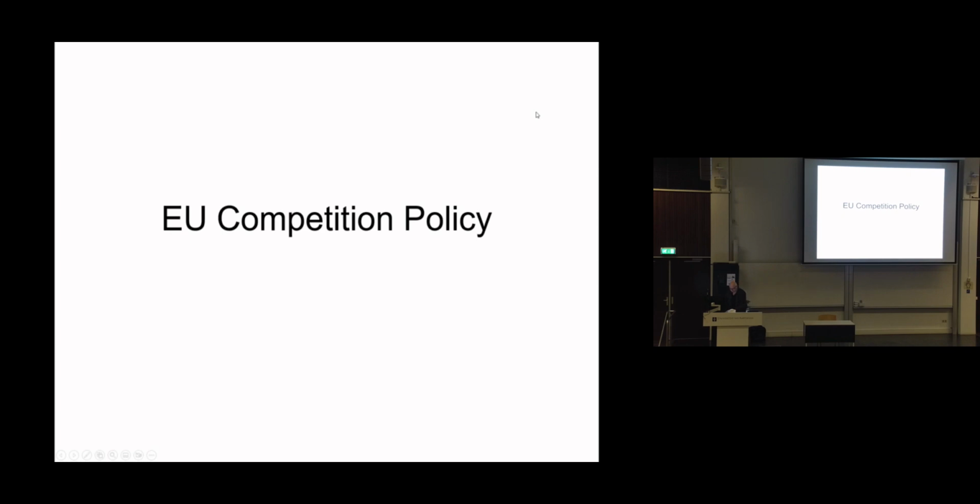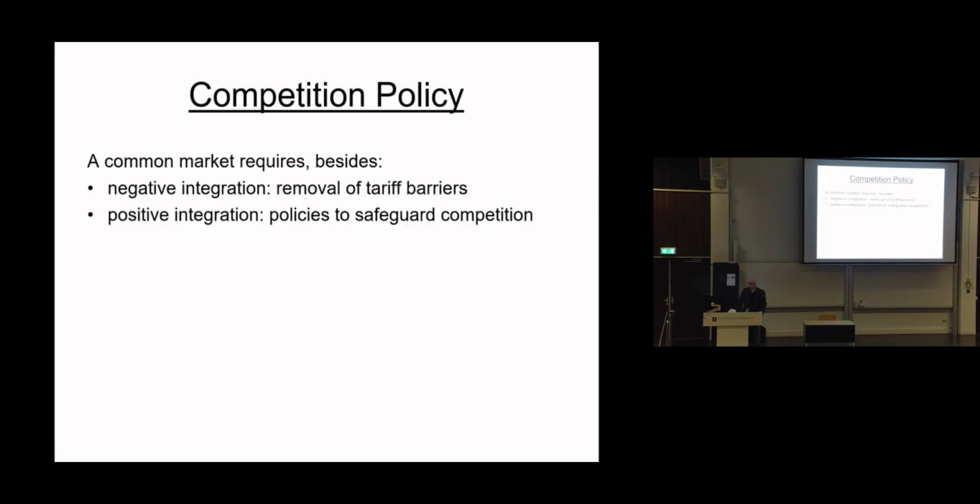I'm going to use this second hour to talk about European competition policy. The idea is that so far in my talk, I talked about what is called negative integration, which means the removal of all sorts of trade barriers.